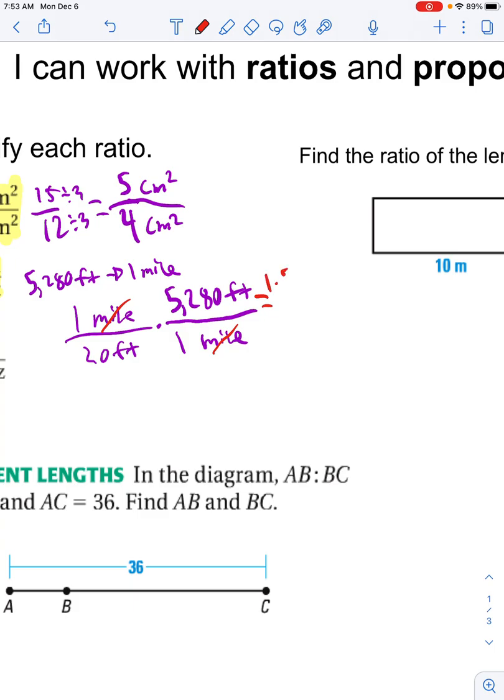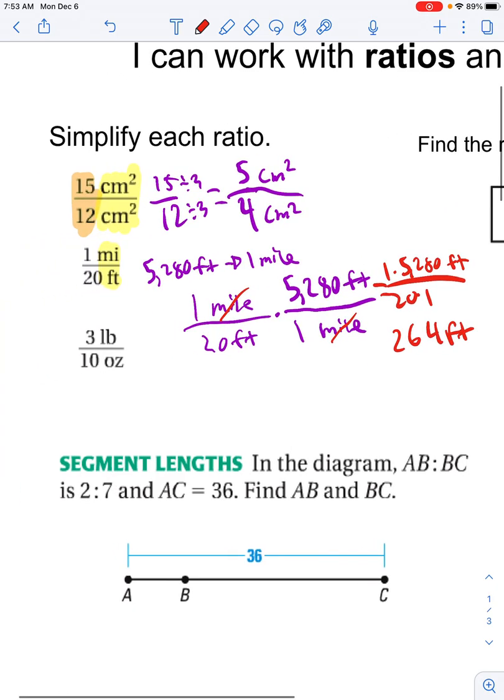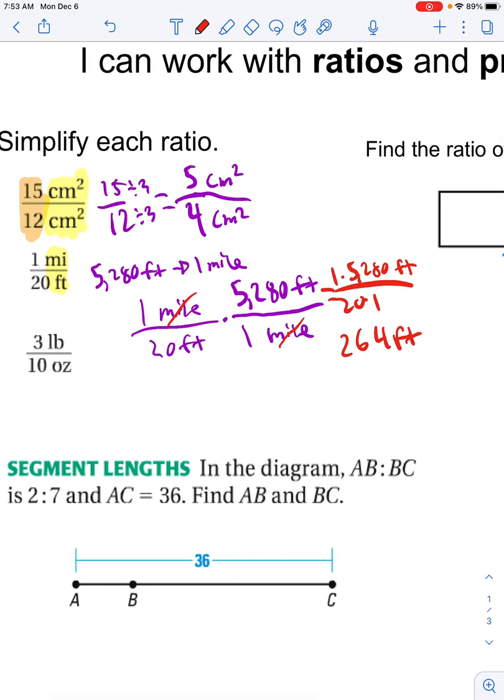So I can multiply across and say 1 times 5,280 feet over 20 times 1. And so when you do 5,280 divided by 20, you're going to get 264 feet. Maybe like over 1 foot.